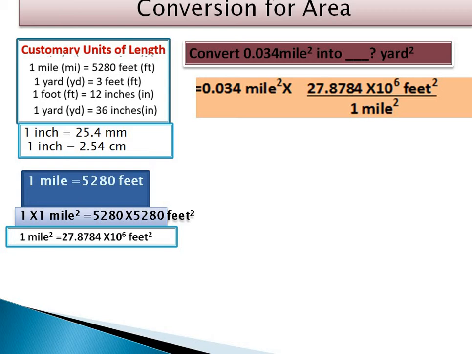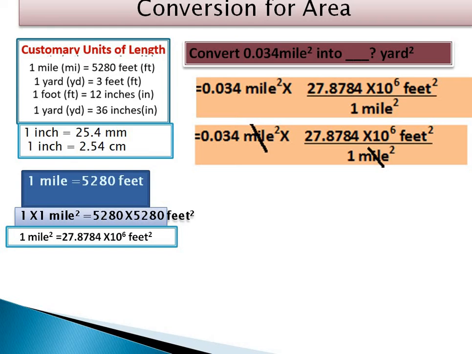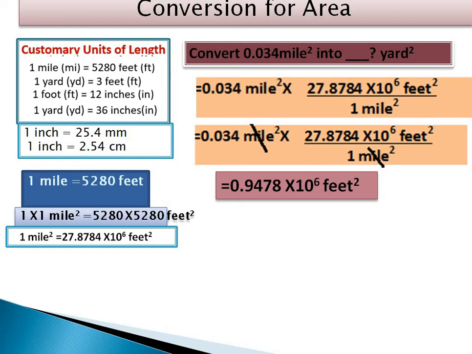So I will convert initially 0.034 miles square into feet square as 0.034 miles square into 27.8784 into 10 to power 6 feet square divided by 1 mile square. So mile square will get cancelled and the unit will be converted into feet square as 0.9478 into 10 to power 6 feet square.